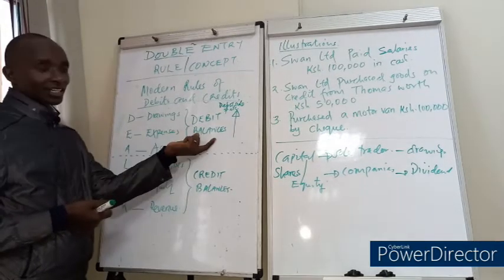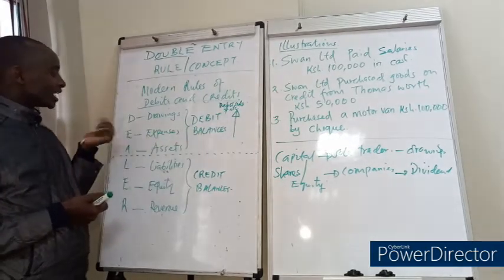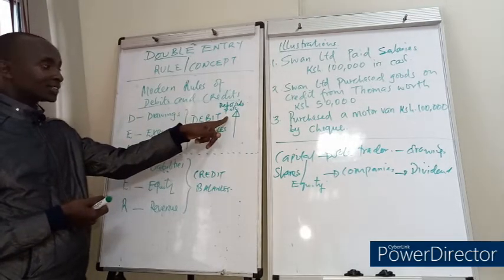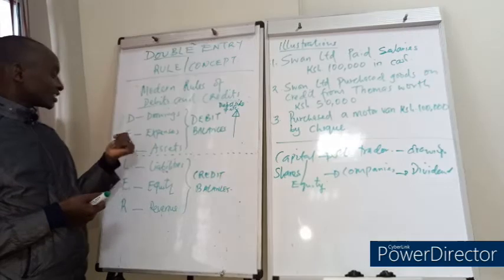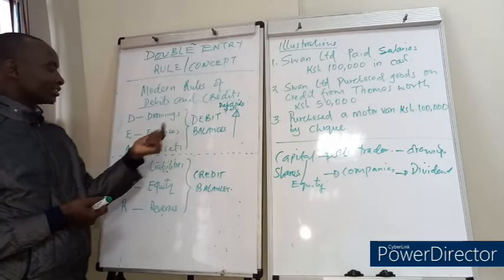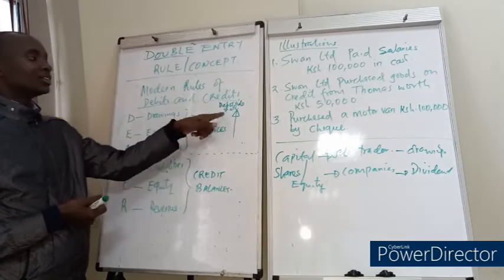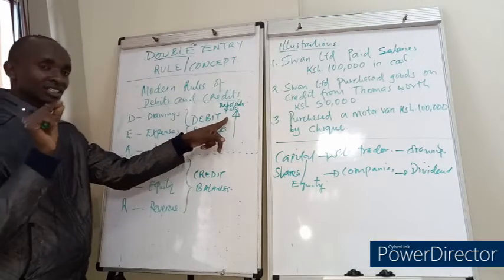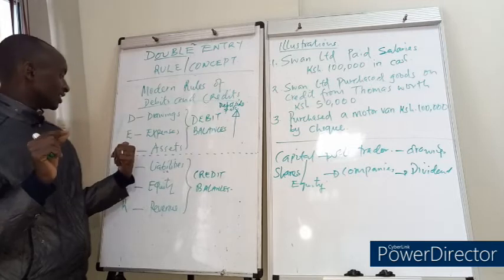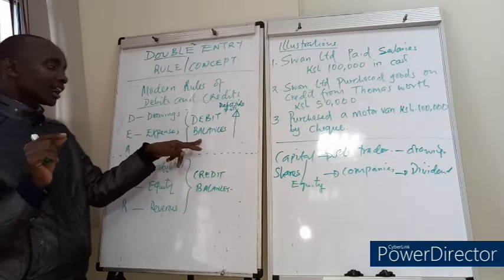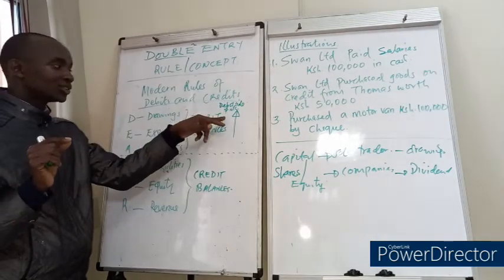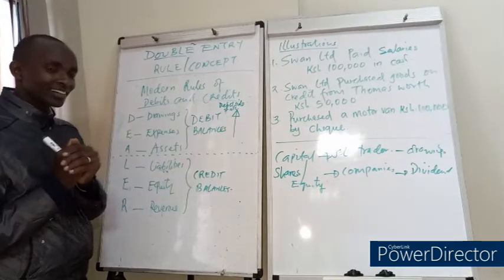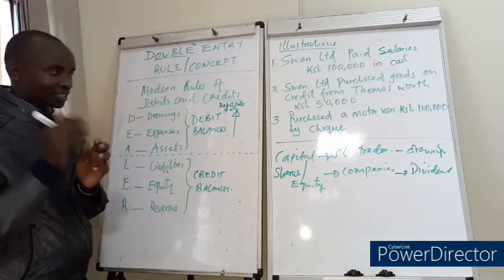If you want to increase drawings, you increase on the debit side. Expenses have got debit balances; if you increase expenses, you enter the transaction on the debit side. Assets have got debit balances; if you want to increase an asset, you increase on the debit side. That is very, very important.